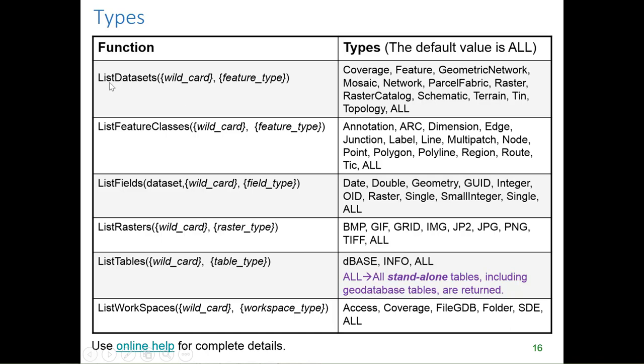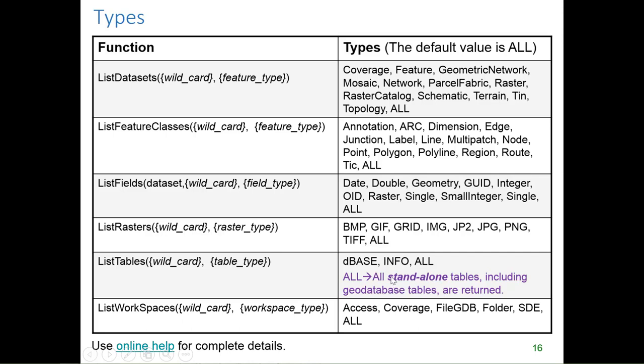We were looking a minute ago at the list data sets. Remember, we saw that you could list the coverage or feature or geometric network data types. One thing to note is that the list tables will only return the standalone ones.